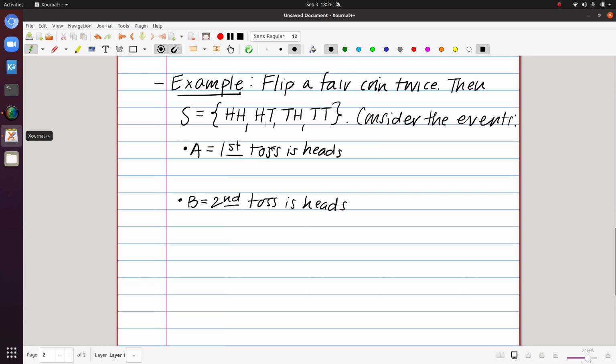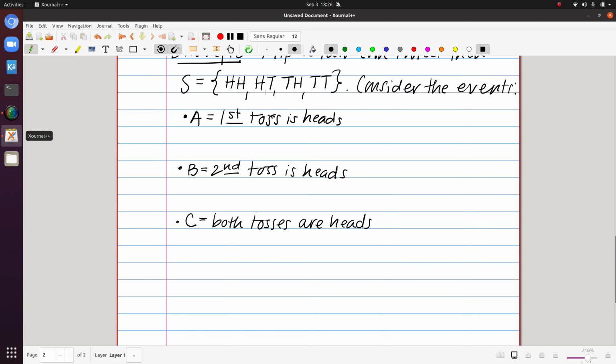And event C will be the event that both tosses are heads. Now, once I have described these events, we can also identify the subset of the sample space that each corresponds to. A is the subset HH, HT. B is the subset HH, TH. And C is the subset HH.